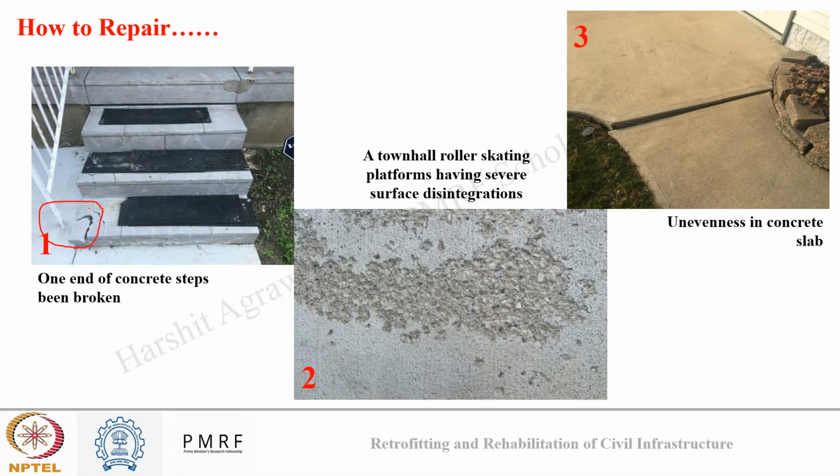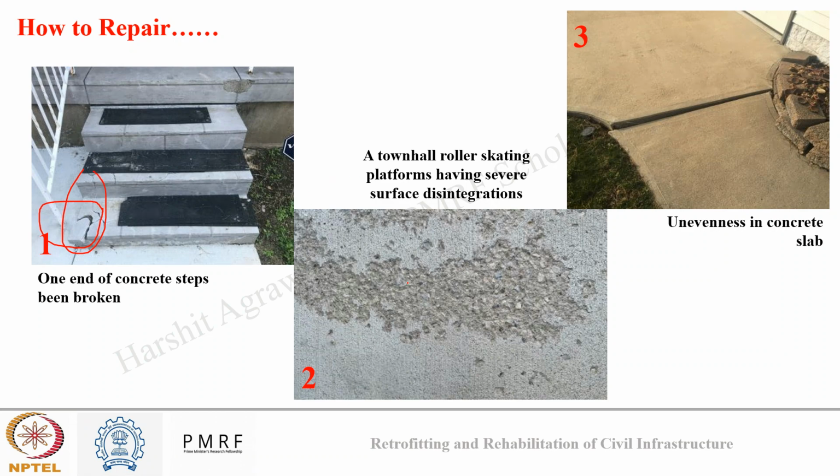We will clear off all the loose concrete here and make a proper clean surface, and then we can apply dry packing material, since it is a horizontal surface. We can apply any suitable cement mortar or even polymer modified mortar, give it a proper shape, and repair this kind of crack like this.